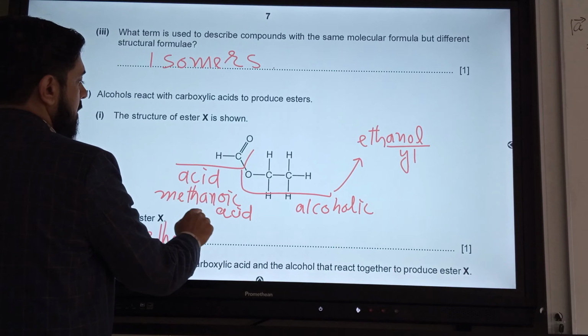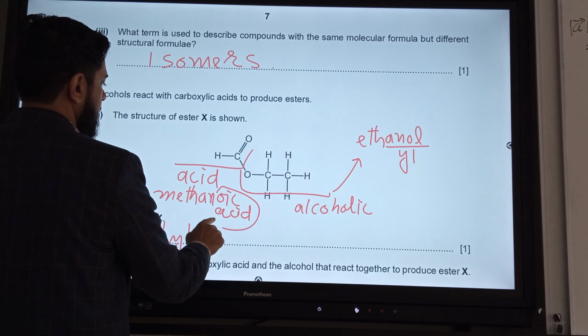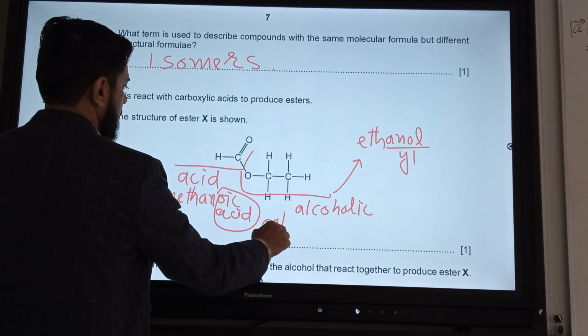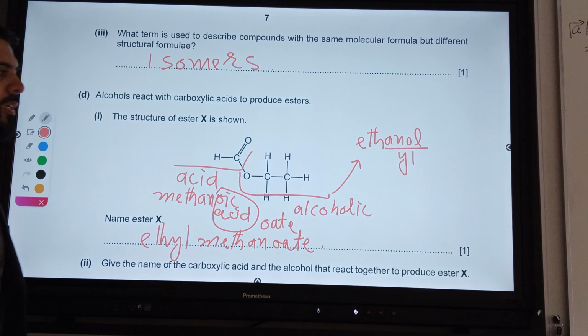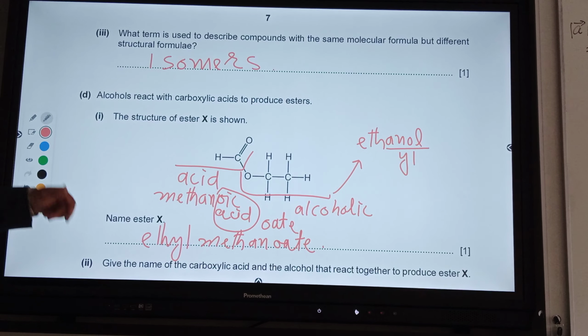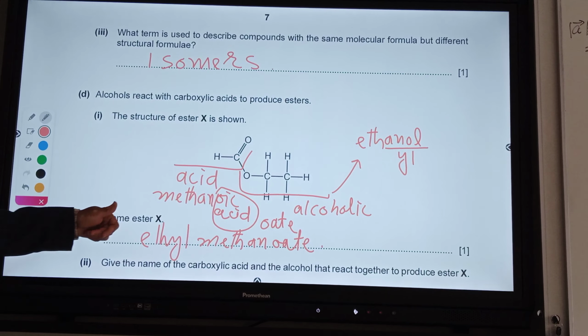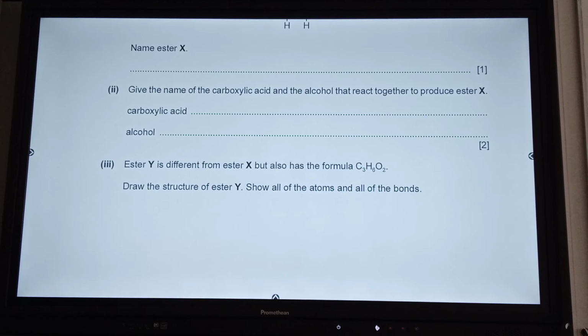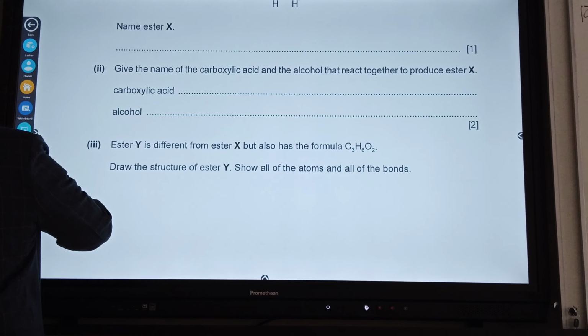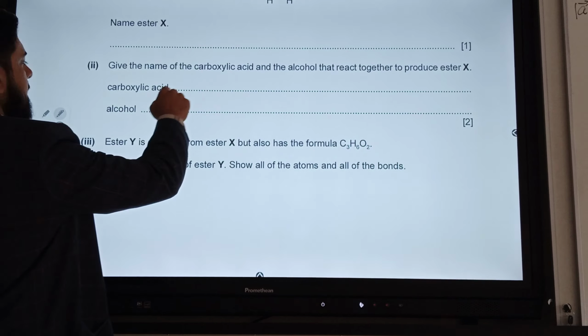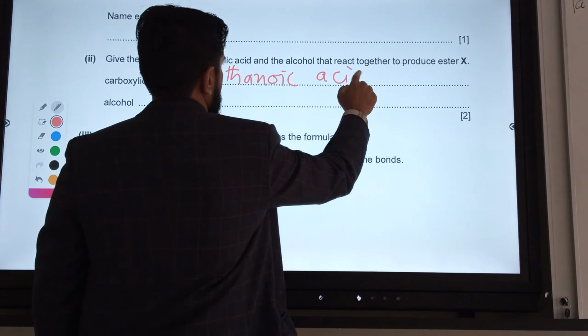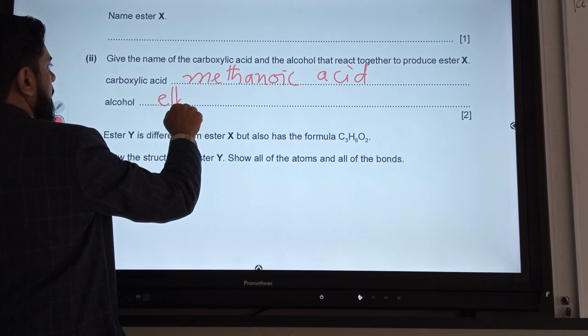Then just replace OIC acid with OATE, so it will be methanoate: ethyl methanoate. We need methanoic acid and ethanol. Then it says give the name of the carboxylic acid, so we write methanoic acid, and here, ethanol.